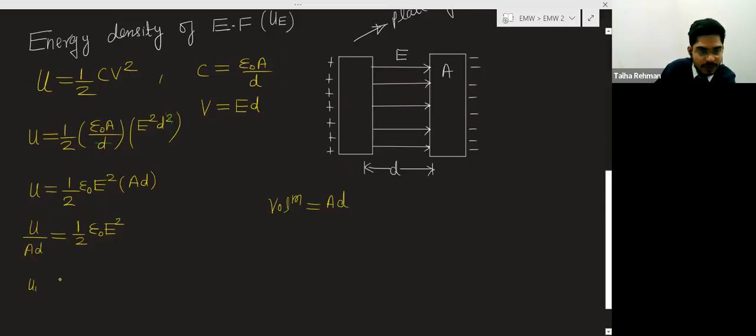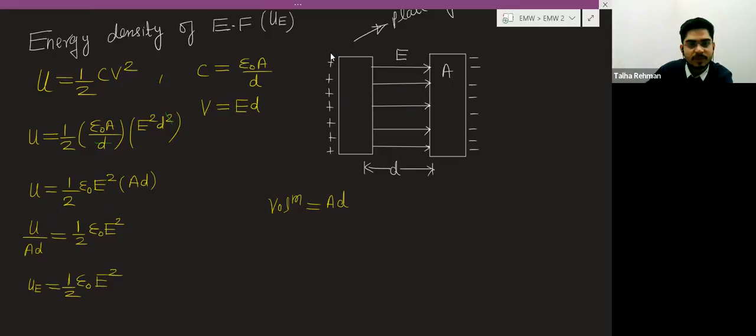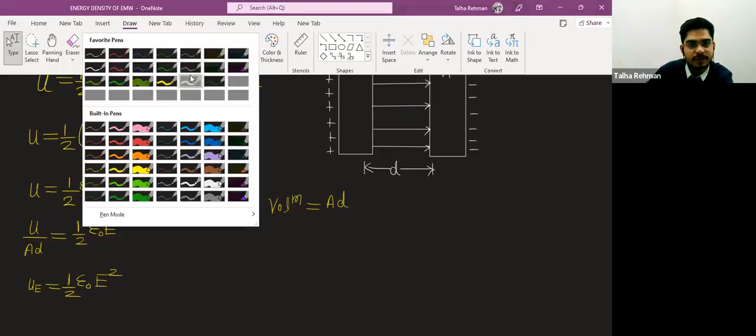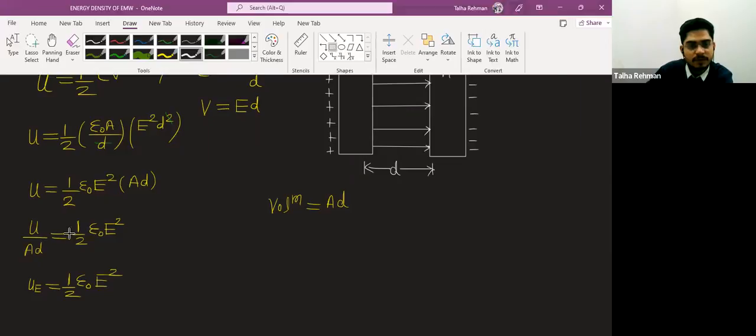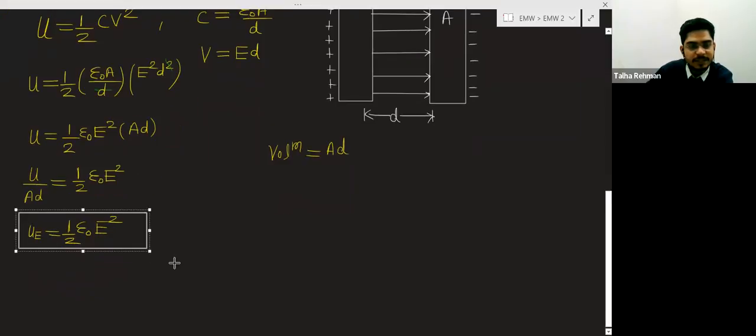Small u sub E, the energy density of the electric field, is given by half epsilon naught into the electric field between the plates of the capacitor squared. This is the energy density of the electric field.